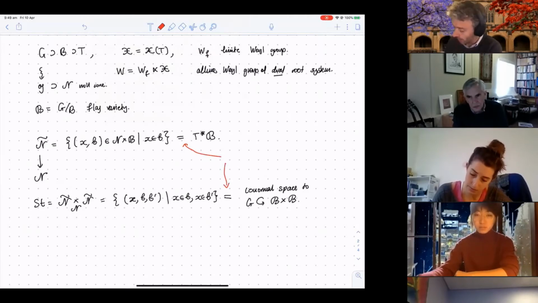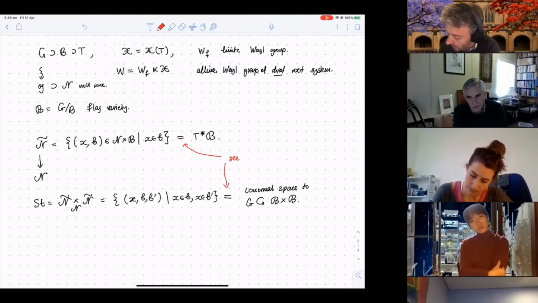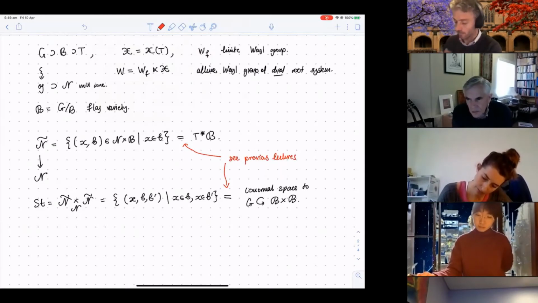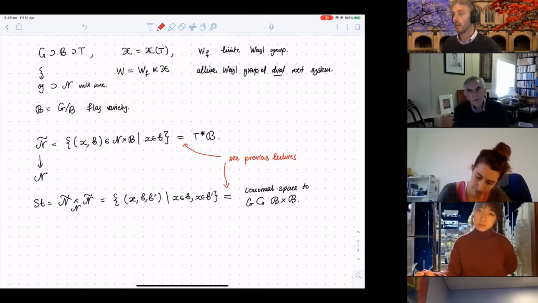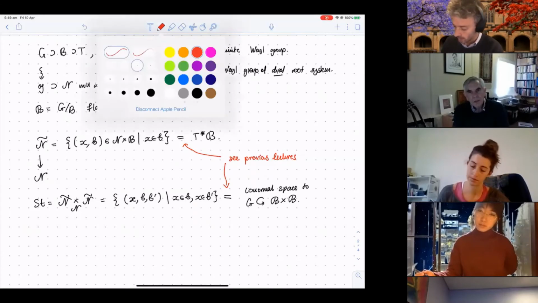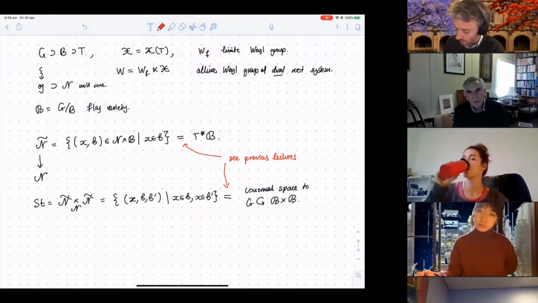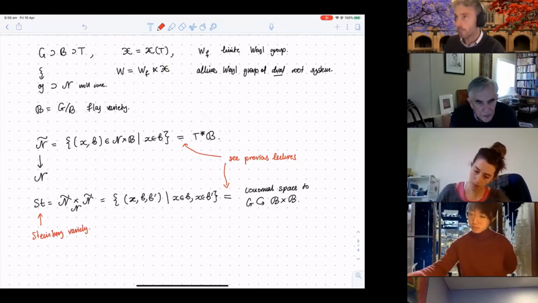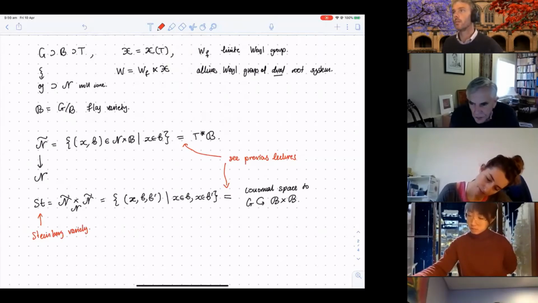And I just want to emphasize that this has been discussed in detail in previous lectures. So this is called the Steinberg variety.